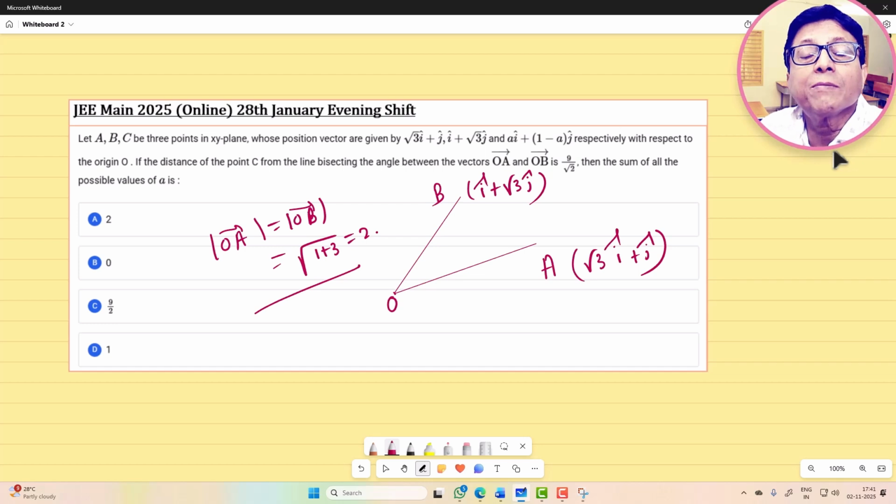And C has position vector ai plus (1 minus a) into j.